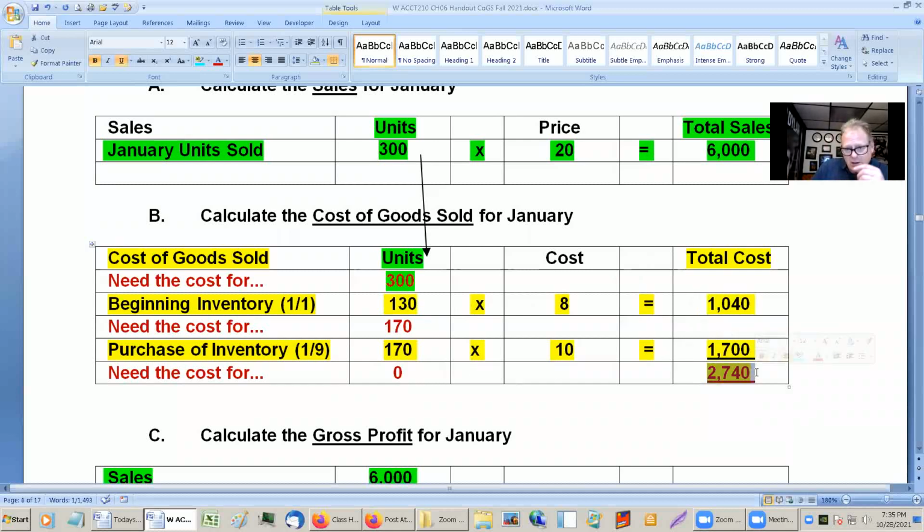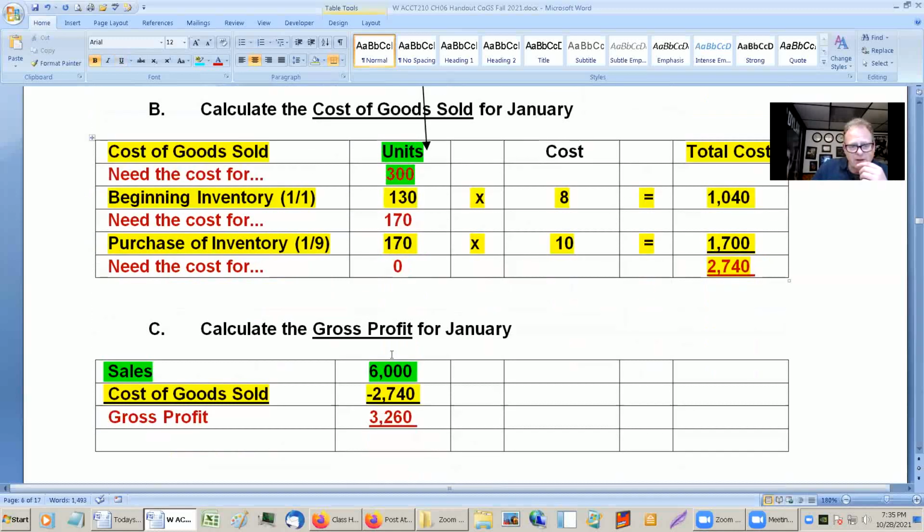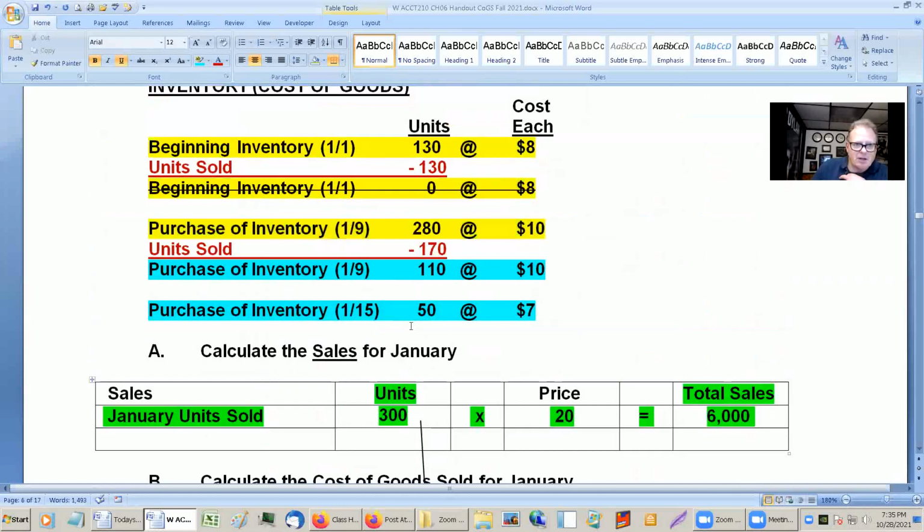So this is the cost of it. And again, we just take the layers 130 and 170. So this is our gross profit, 3,260. The second tedious part about this is figuring out what's in the ending inventory. This first layer is completely gone. It's gone and it's never coming back.